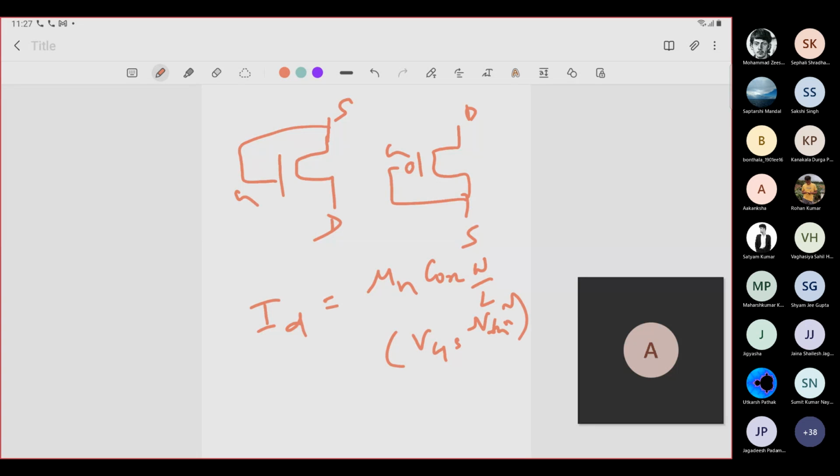If you take that and differentiate delta V and delta ID, you will get an R, and that R value you can get, that active component. Again, it depends upon all these parameters.